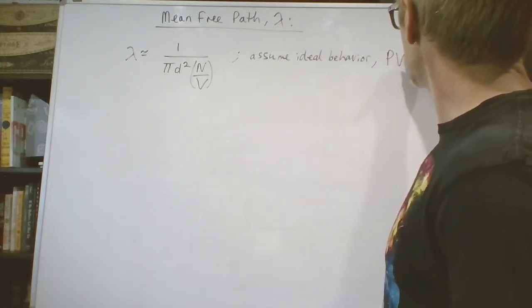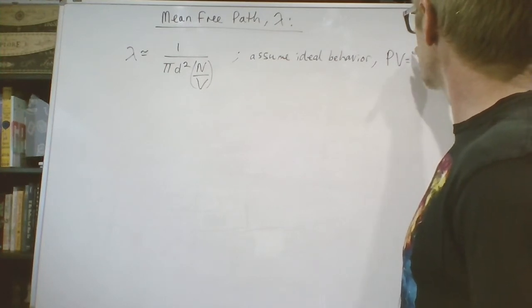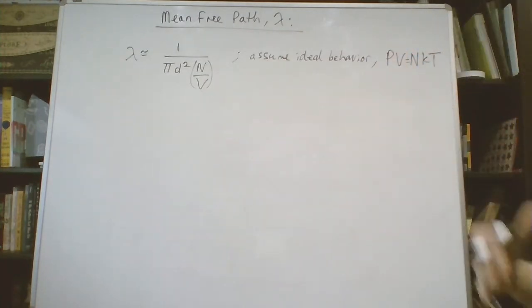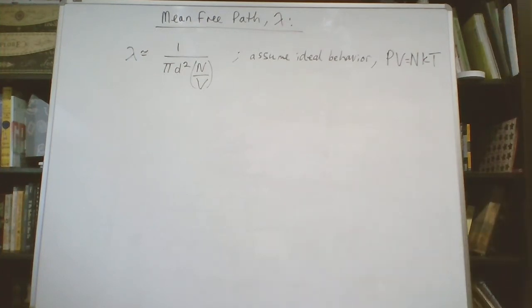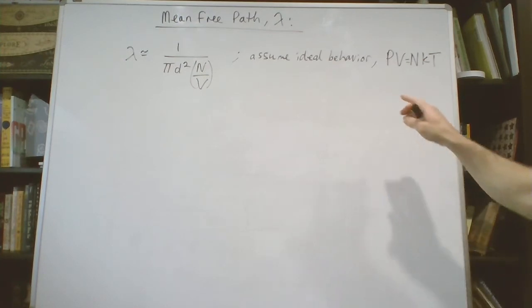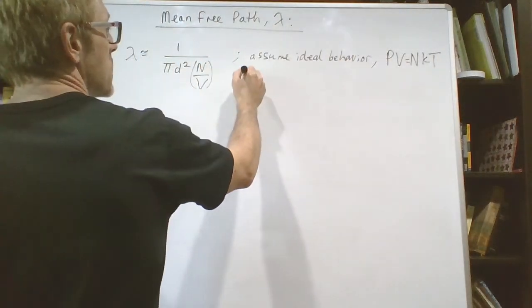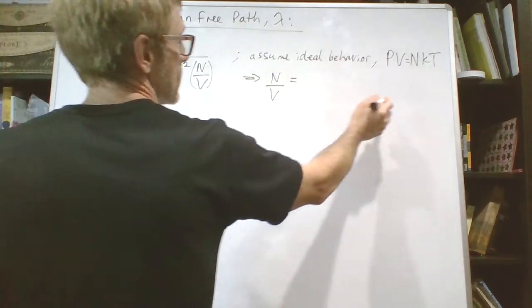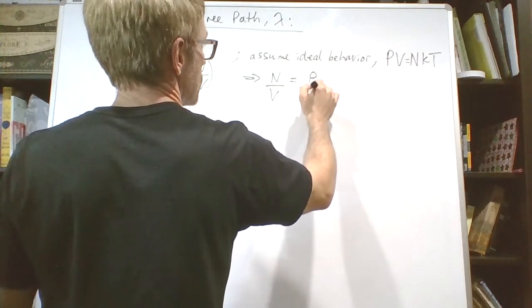Then we have PV is NkT, where N, we should probably use an uppercase N. We could use nRT if we like, but we're going to stick to one object rather than a mole's worth of objects. We just don't need the added complication. So PV is NkT, and that will allow us to solve for N over V. So this means that N over V, if I bring the V over here, is equal to P over kT.